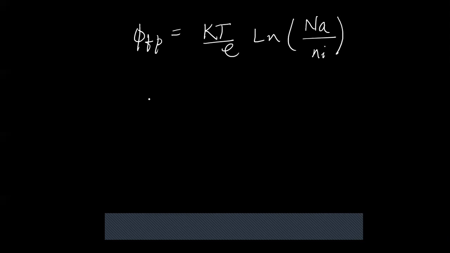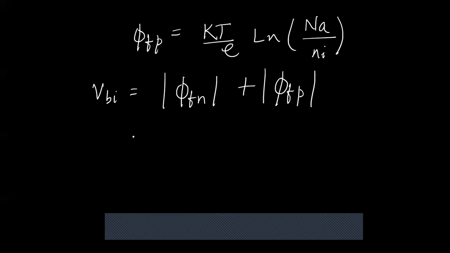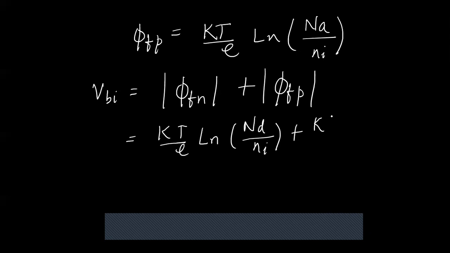Now, Vbi is nothing but the magnitude of both phi Fn and phi Fp taken together. Substituting these values, we get kT by e ln Nd divided by Ni, plus kT by e ln Na by Ni.